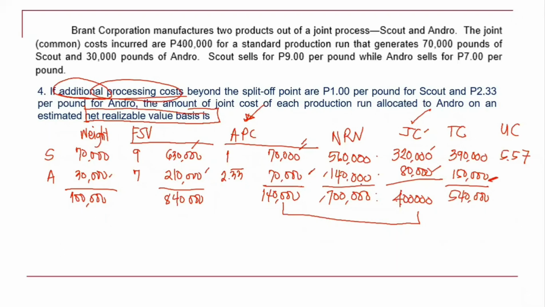So the answer is 5 pesos per pound. Yun yung unit cost natin. Although ang tanong lang naman sa problem is the joint cost allocated. But syempre, sabi ko nga, hanggang unit cost ay pwedeng itanong sa exam or pwedeng selling price. May markup ka. And so on. Okay, so that would be for number 4.